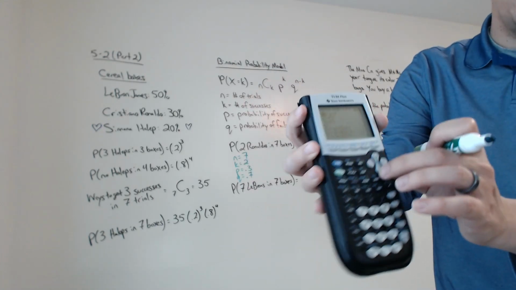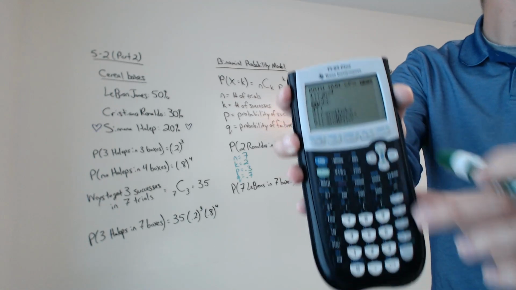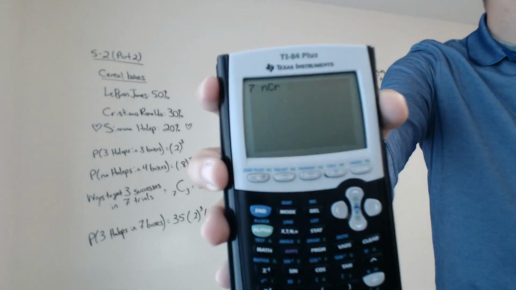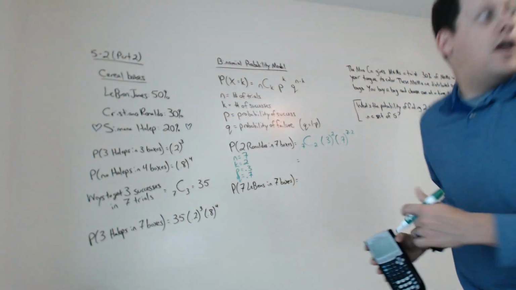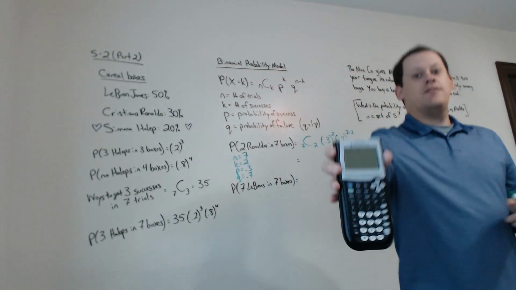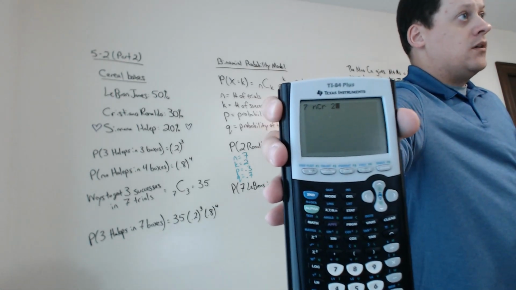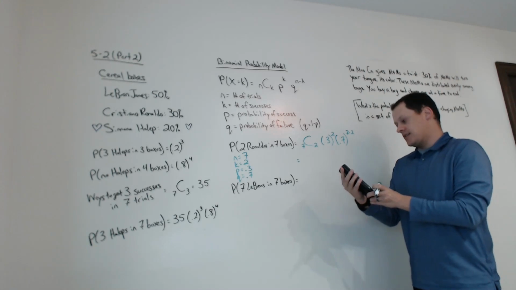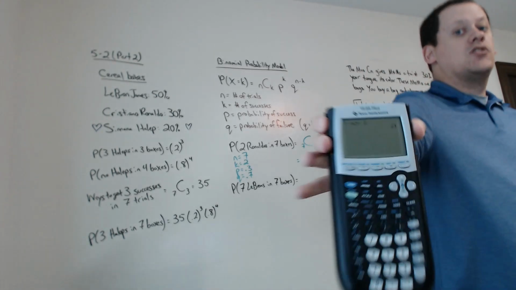So go down to 3. Enter. So you get 7 nCr. And then you want your 2. So 7 nCr 2. That will tell you how many ways you can get 2 successes in 7 trials. And it's 21.